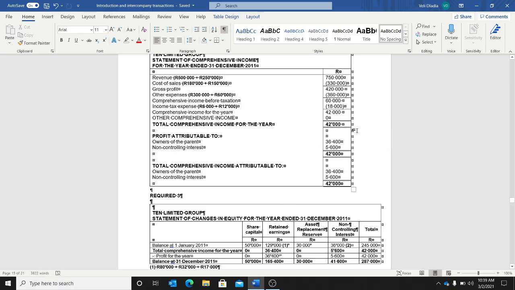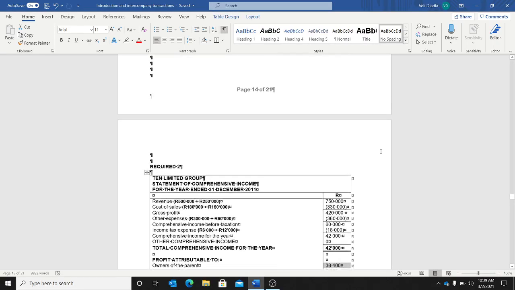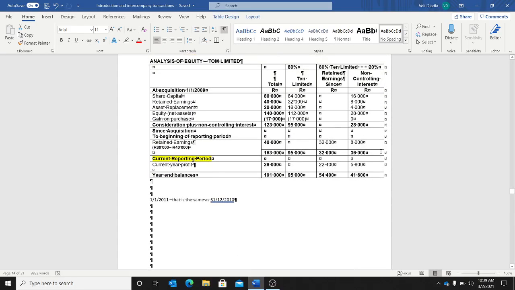Now, what is it that you are saying? You are saying this profit of 42, the guys who are called non-controlling are going to take 5,600. The balance from the 42, which is this one, goes to the owners of the parent. Now, that's basically what we are explaining here.